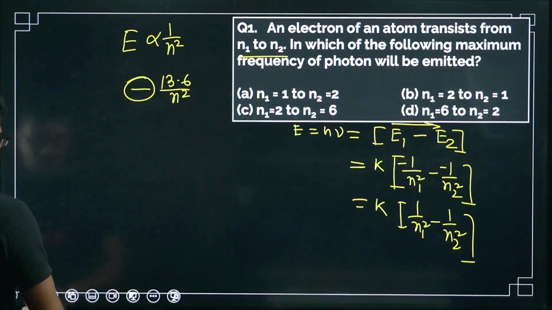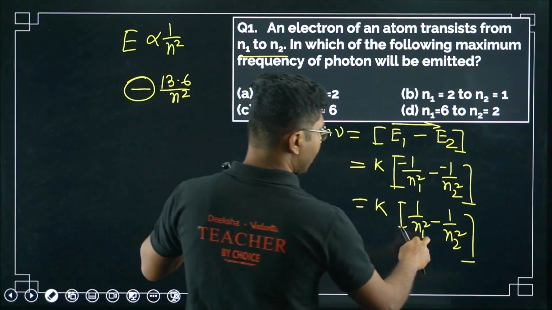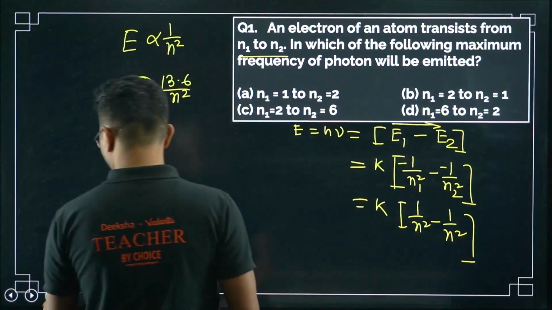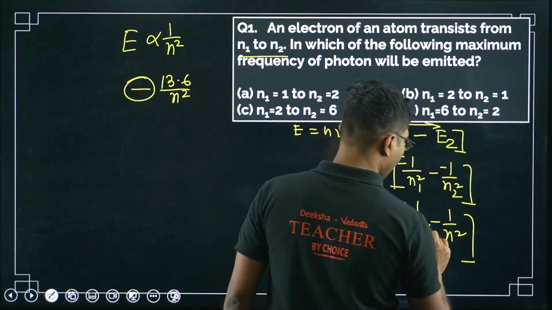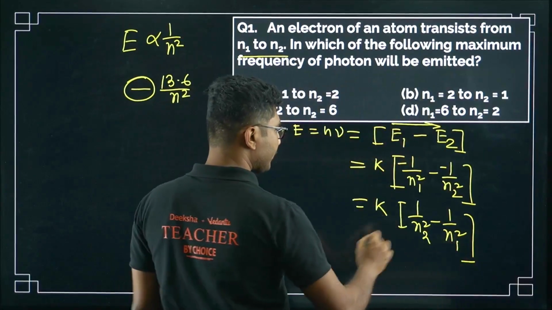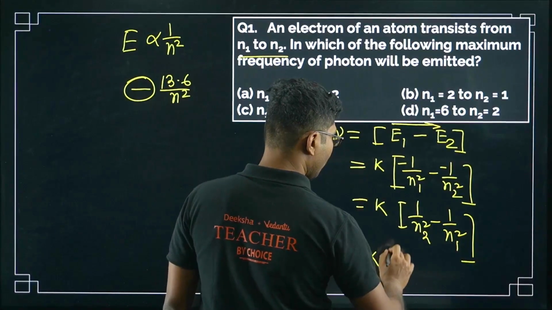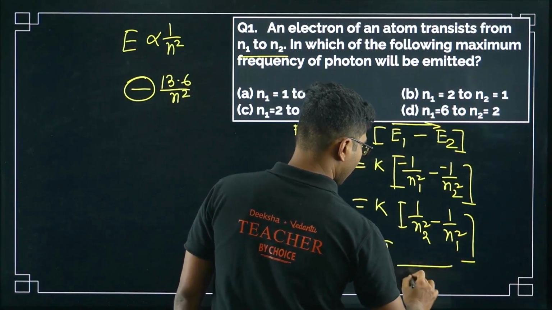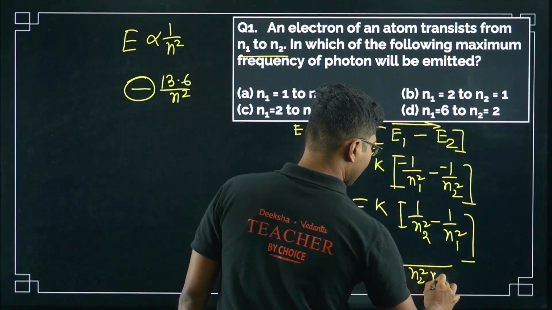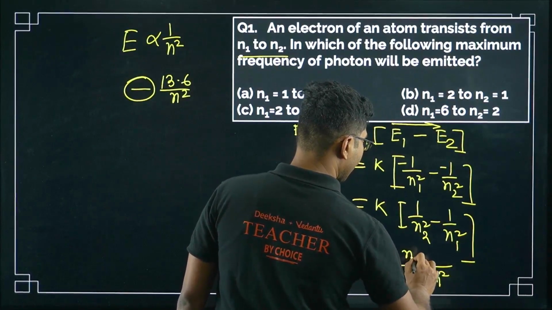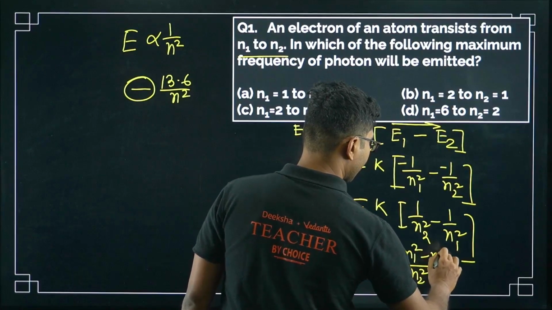Now if you simplify this, you will get k into n2 square minus n1 square over n1 square n2 square.